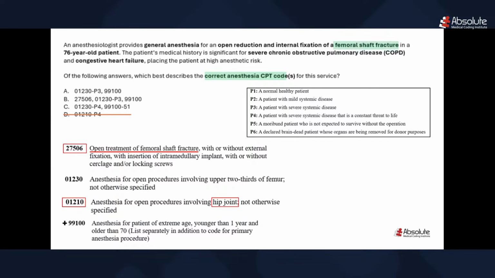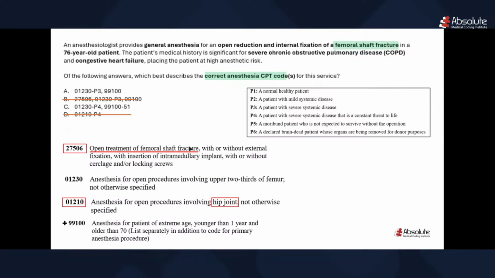So the question was, of the following answers, which best describe correct anesthesia CPT codes? So 27506, do you think this is an anesthesia code? No, right? This is a surgery code. This is for a fracture treatment. So we are not going to use this code for this scenario. The question was, what's the correct anesthesia CPT code? Just being a little bit forensic would have helped us eliminate option B.